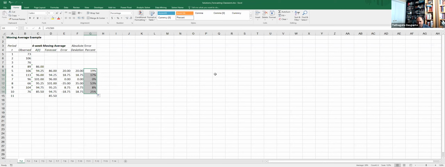So this is error percent, one of the ways of measuring forecasting error. It's an average of the percent errors. So mean absolute percent error, sometimes called MAPE, M-A-P-E, is 20% in this case.